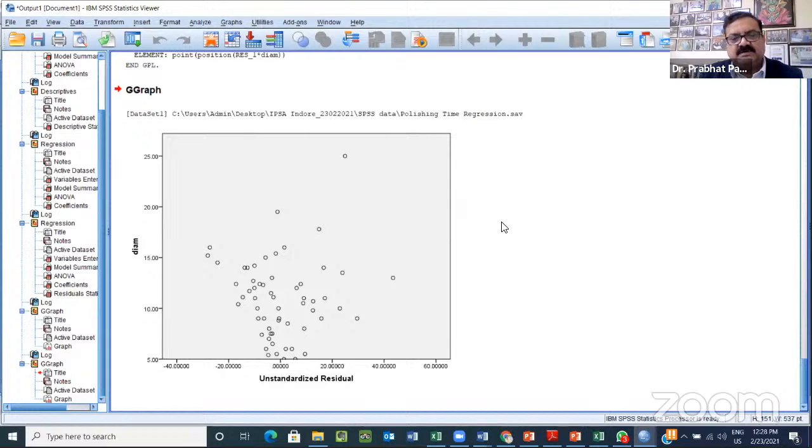In order to do this diagnostic, quite often the data is transformed. When the data is transformed into log, or into some other form like Z score, it starts behaving properly.